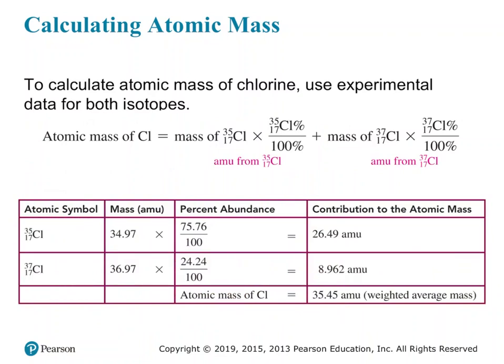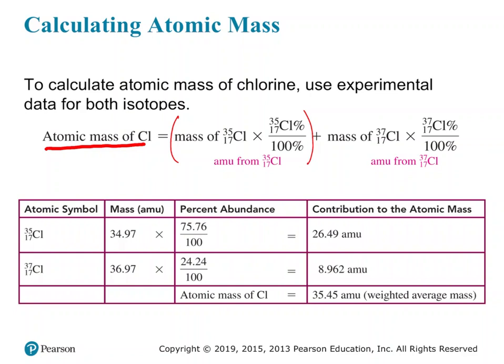So for chlorine, for instance, the atomic mass of chlorine is equal to the mass of chlorine 35 times the percent abundance of chlorine 35. But we actually want this in decimal form. We don't want this as a percent.